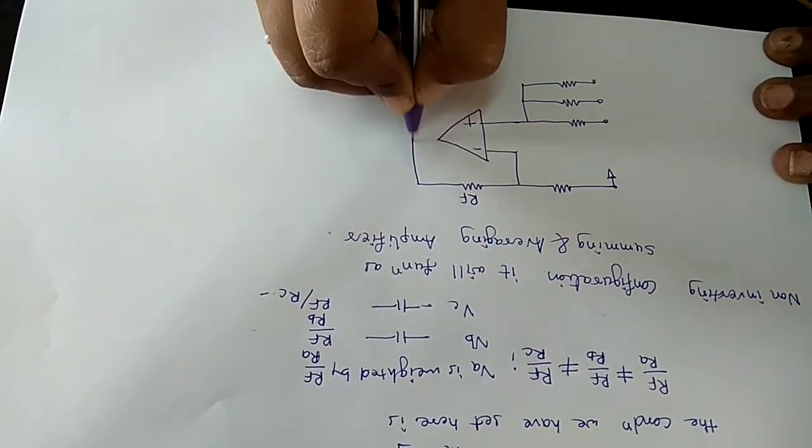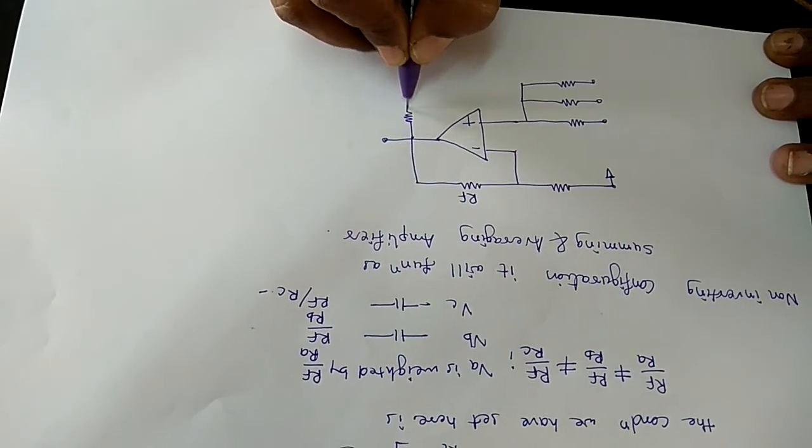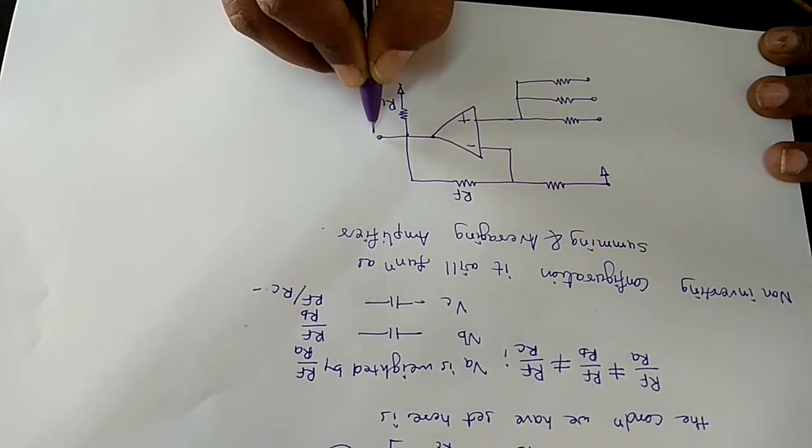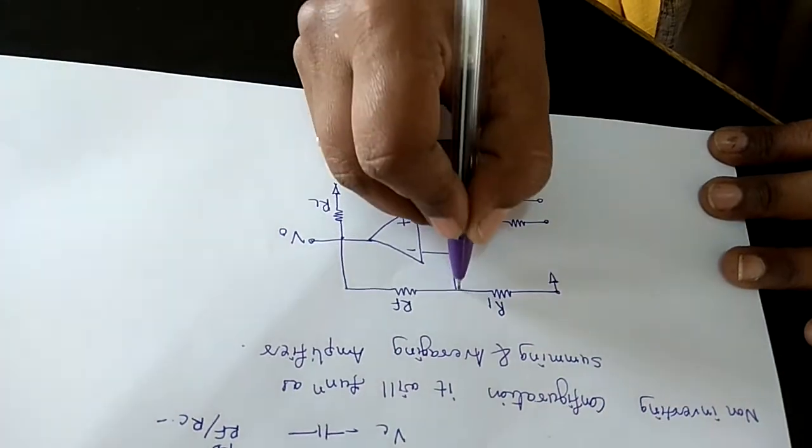This is the feedback resistor. We can connect a load resistor here. Output voltage, RF, R1.